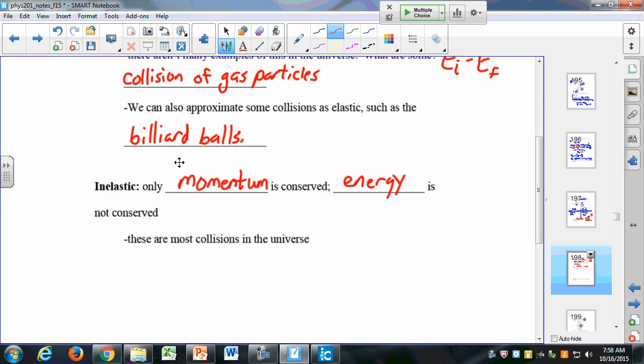Lots of energy is being lost there. Okay? So next time you're out in the quad, you go bump into somebody and say, hey, sorry for that inelastic collision. Then you'll never forget inelastic collisions. These are basically all other collisions. Momentum is conserved, but not energy. You lose energy in those collisions.